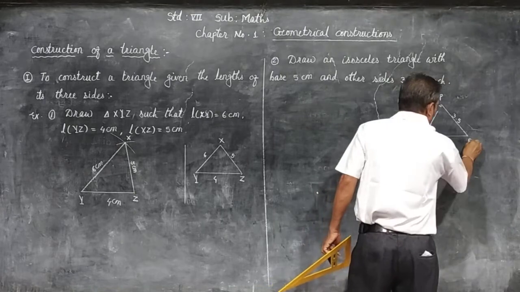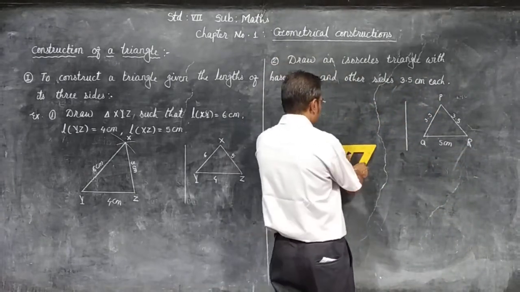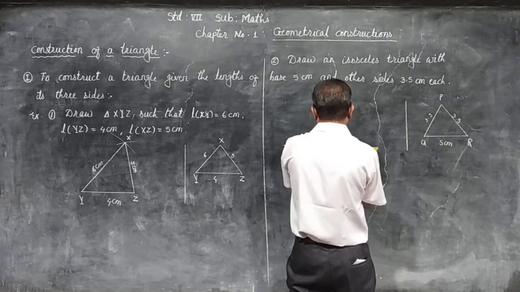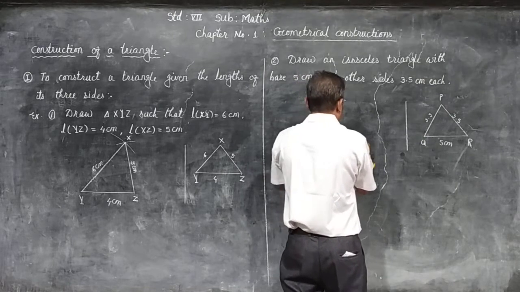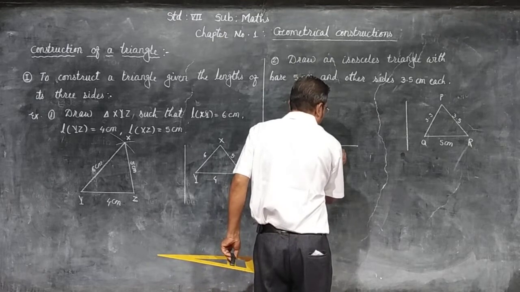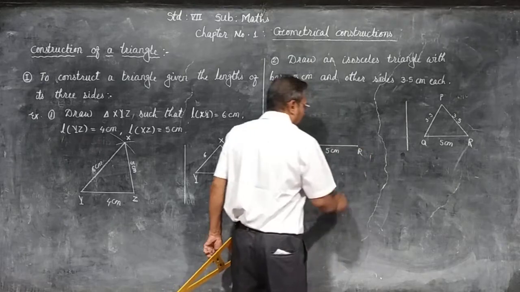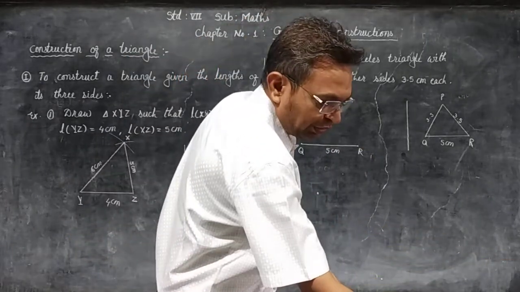First we will draw the base. What is the base? Segment QR. How much is the length? 5 cm. Length of segment QR is 5 cm. Then the other 2 sides are 3.5 cm.